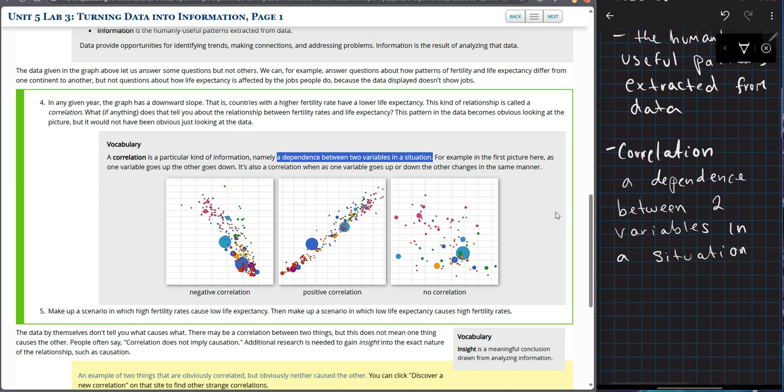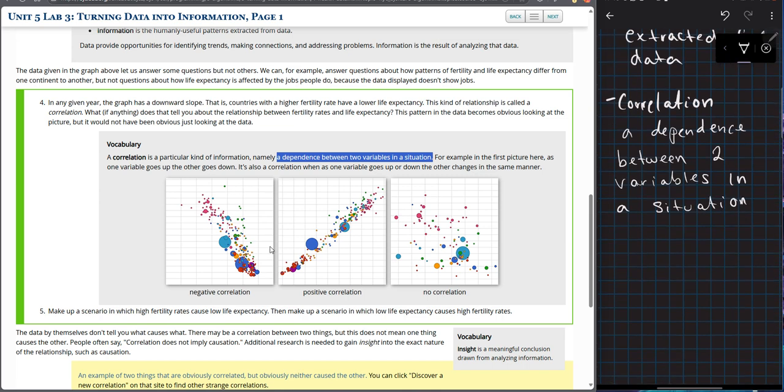All this means is that one thing stems from another thing.